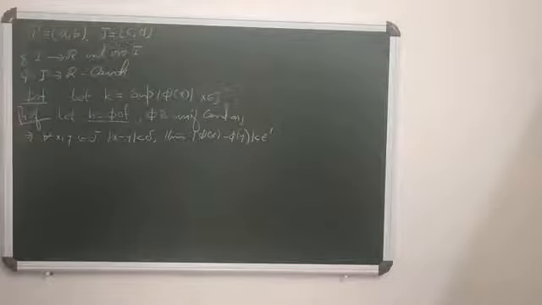Okay, what is epsilon dash? You can define this epsilon dash in such a way that epsilon dash equals epsilon divided by (b minus a plus 2k), whatever it may be.